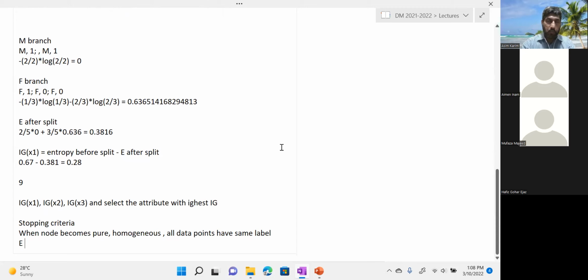If that entropy is less than some threshold, let's say epsilon, then you stop, where epsilon could be a small number. So of course, ideally entropy should be 0. ठीक है ना? But we will allow some impurity and maybe stop growing the tree. That could be a stopping criteria. Epsilon could be, let's say, 0.01, for example. So you stop if the entropy at a given node is less than this epsilon.